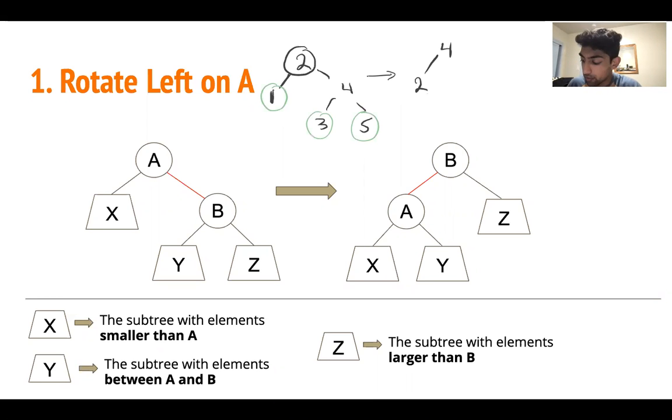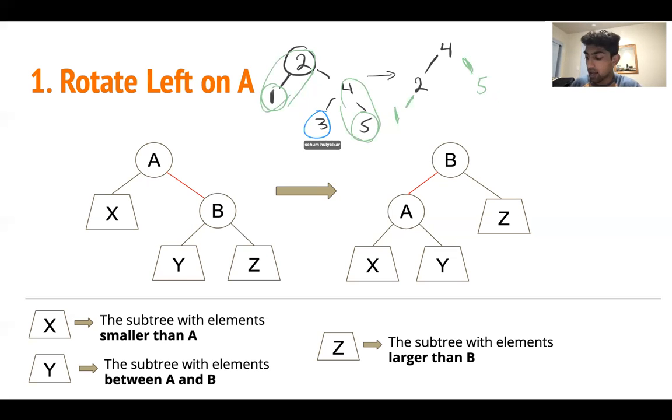So for 1 and 5, we're going to keep them in the same place as before. What I mean is that we're going to keep 1 as the left child of 2. We're going to keep 5 as the right child of 4. The missing person here is, what are we going to do with 3? Okay, what are we going to do with this kiddo right here?